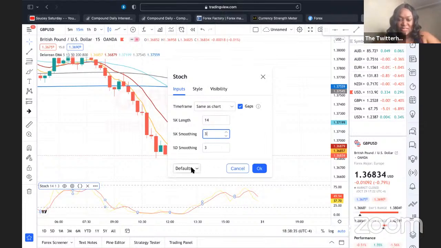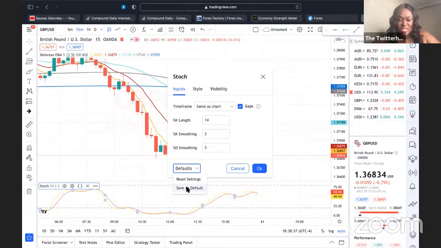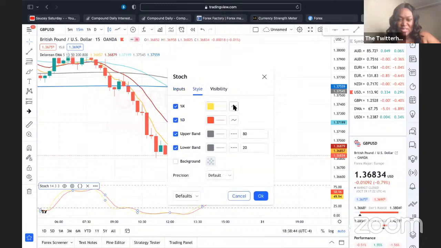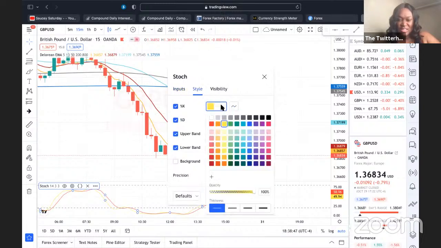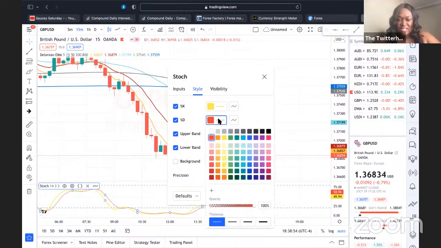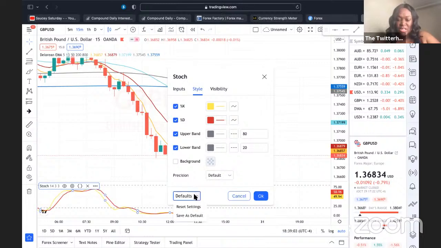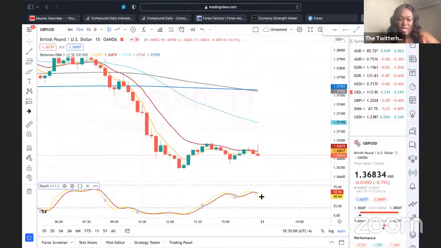I'm going to select default, and I'm going to select save as default. Actually, I want to make these lines a little bit thicker. Hold on. Yeah, make it a little thicker. Select this line, make it a little bit thicker as well. Okay. All right. Now I'm going to set save as default and hit OK.